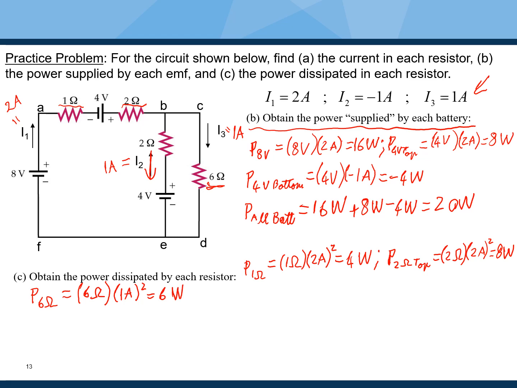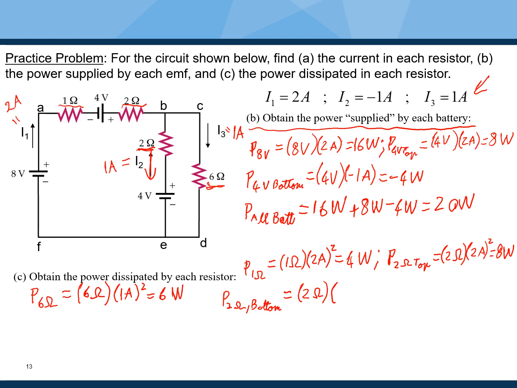And the only other resistor present in the circuit is the 2 ohm resistor that I'm marking up right now. Since we've called one of the 2 ohm resistors the top resistor, we'll call this resistor the bottom resistor. So we have P 2 ohms from the bottom resistor, and that's equal to 2 ohms times the current flowing through that 2 ohm resistor.